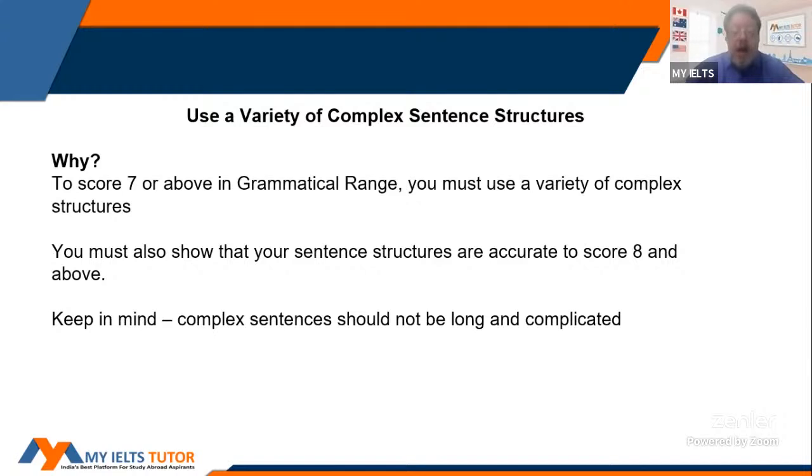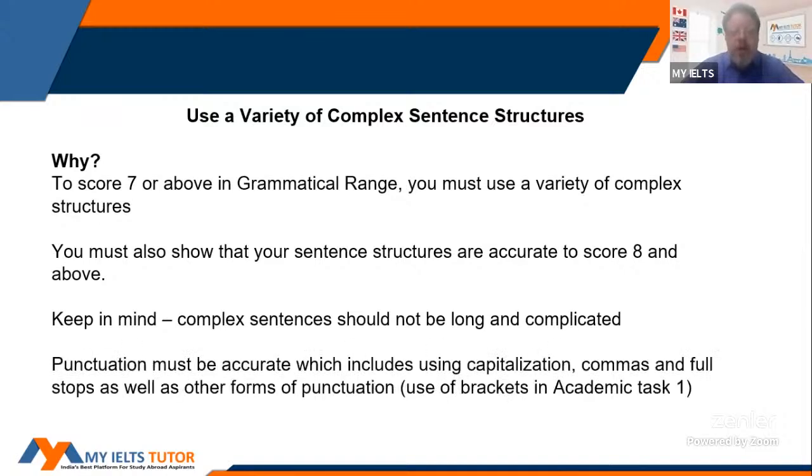Keep in mind that complex sentences should not be long and complicated. A lot of times students tend to write very long, complicated sentences, thinking that's a complex sentence, but it's really a confusing sentence. So a tip here would be to go look online and study. There are pages online where you can look at sentence structure.